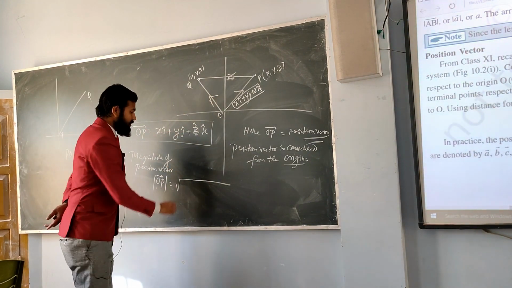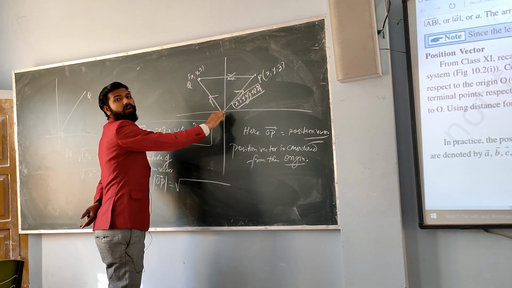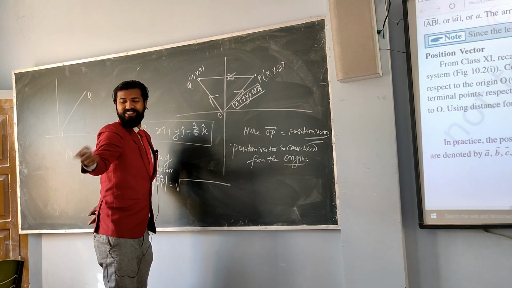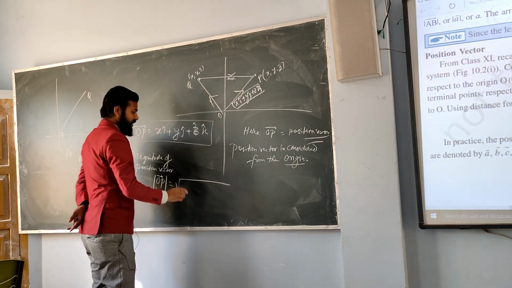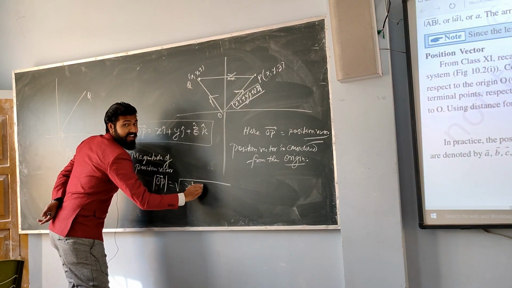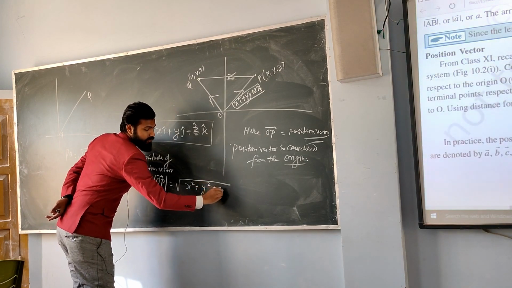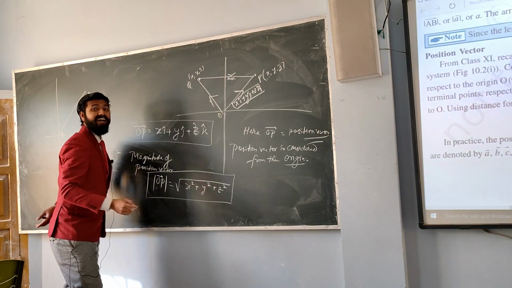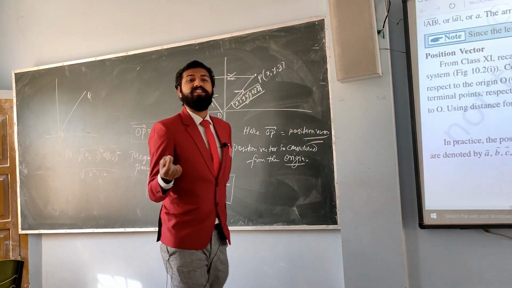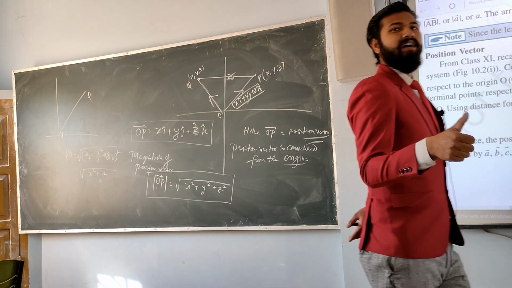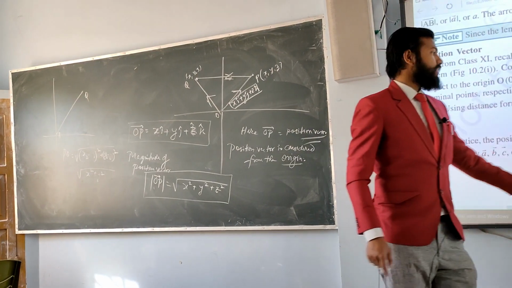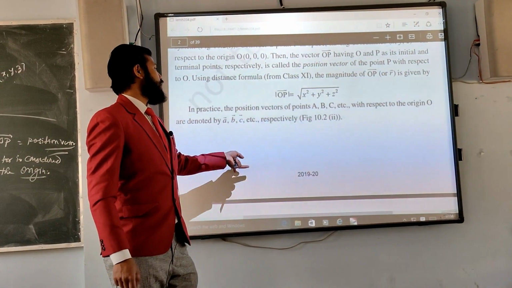The origin means the x, y, z coordinates are 0, 0, 0, so x1, y1, z1 is 0, 0, 0. So we can use x square plus y square plus z square. This is the method to find the magnitude of the position vector. I hope that's clear. Did you not understand? Look, it is x square plus y square plus z square. Fantastic.